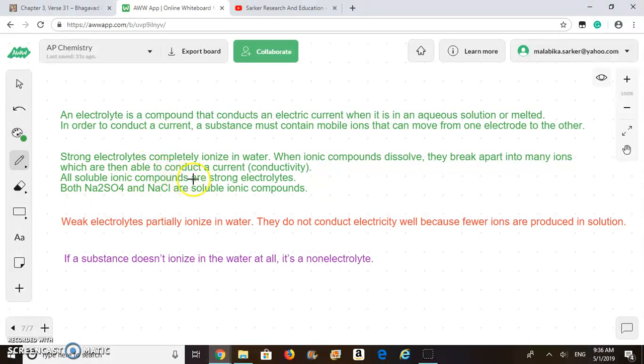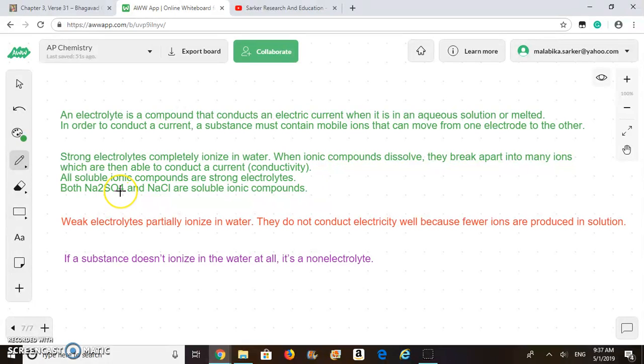All soluble ionic compounds are strong electrolytes. So what are the examples of strong electrolytes? Actually, the strong acids, strong bases, and the salts are examples of strong electrolytes. Now, what type of compounds are sodium sulfate and sodium chloride? If you see, sodium is a metal and chlorine is a non-metal, so this is an ionic compound.